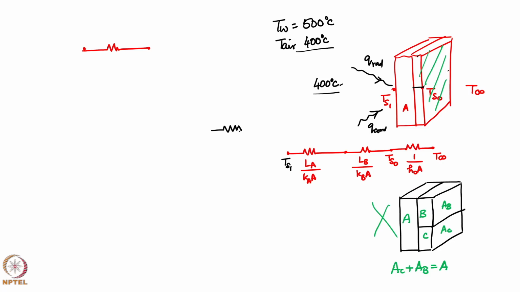So, I have two resistances in parallel. Let me extend it here. This is your R convection inside, R radiation inside, and both are with T infinity, and that is what is shown to you here.